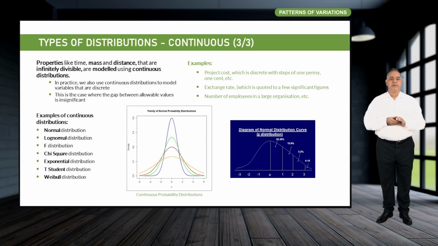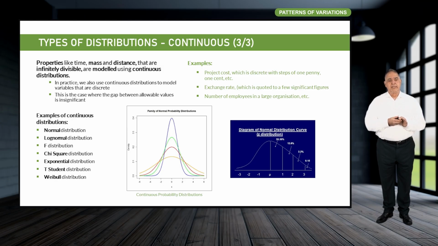So when we refer to properties like time, mass, and distance that are infinitely divisible, these are modeled using continuous distributions. And again, we have several examples of a family of normal distributions that have the same mean but different standard deviations.